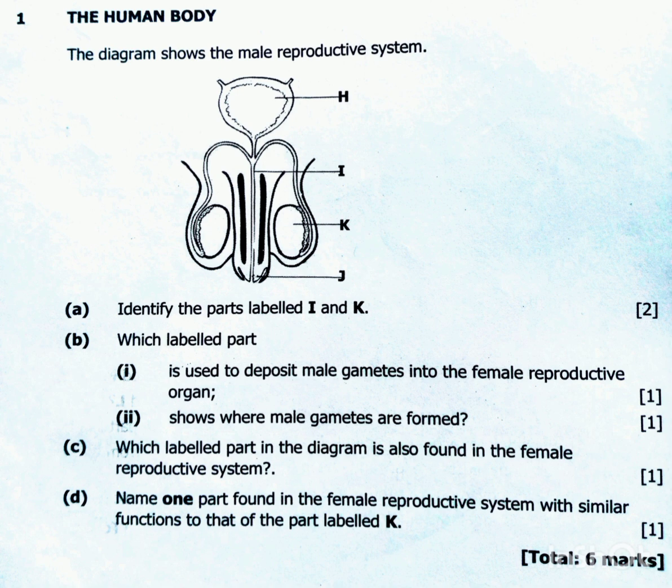Then question D is saying: name one part found in the female reproductive system with similar functions to that of the part labeled K. They want us to identify a part in the female reproductive system which has a similar function to part K, which is the testes.